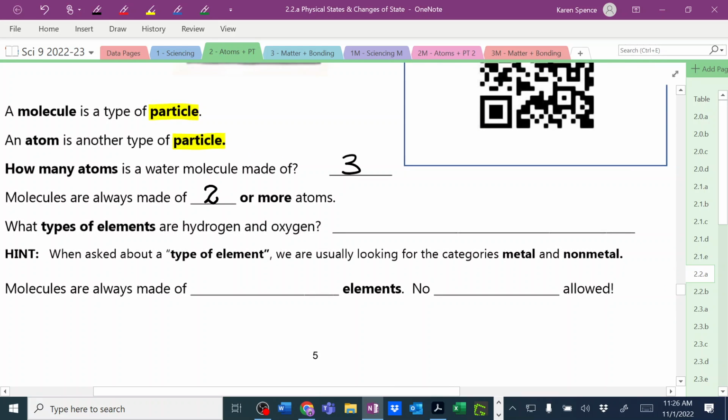And usually if we are asked about the type of elements, we are looking for the categories either metal or non-metal. So what are hydrogen and oxygen? They are non-metals.